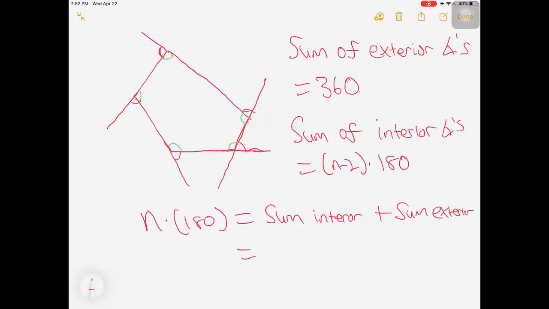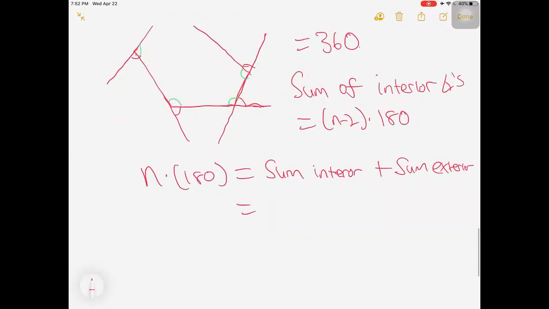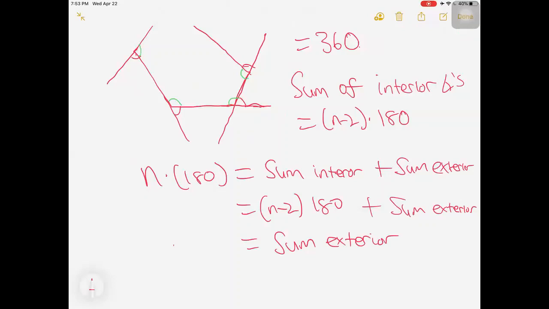And since we already know that the sum of interior is just n minus 2 times 180, we can find that the sum of the exterior is just equal to 360. Okay, that makes sense to everyone, right?